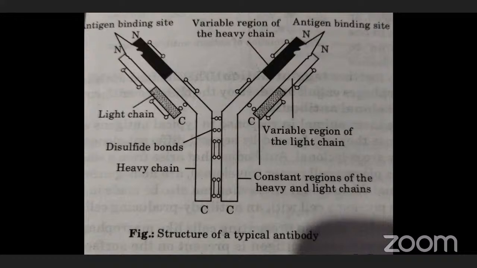Because the A blood group has the A antigen and the B blood group has the B antigen, they produce opposite antibodies: B blood group has anti-A antibody, A blood group has anti-B antibodies. Clear?